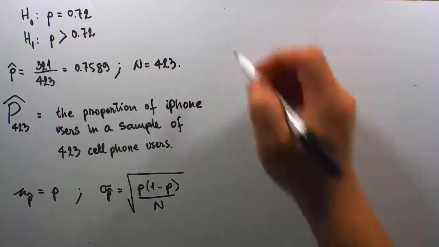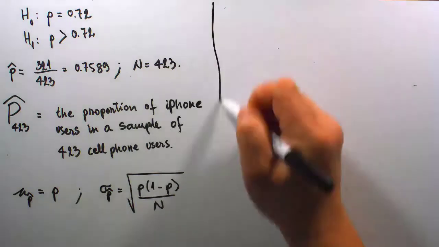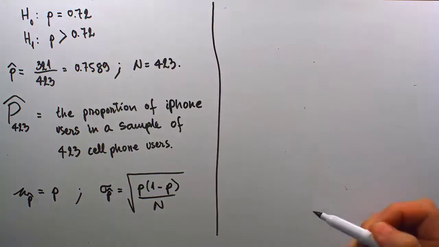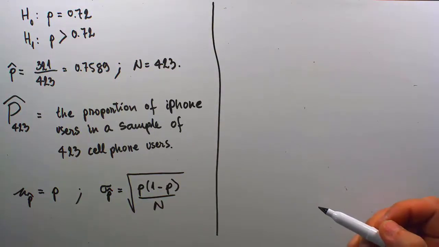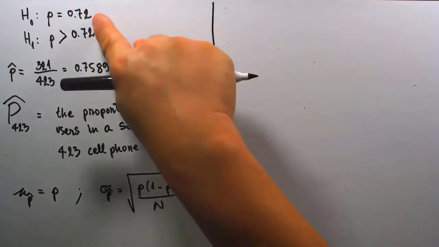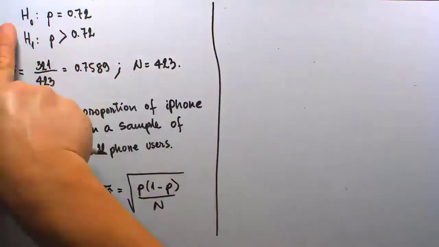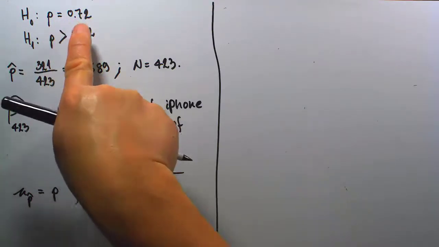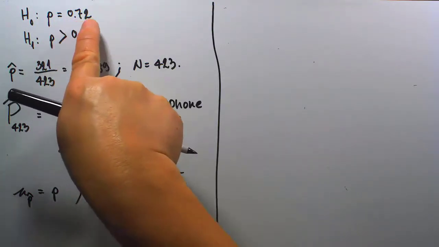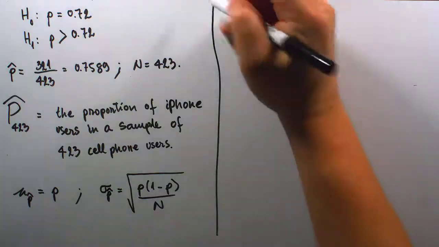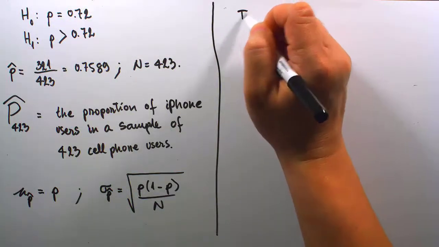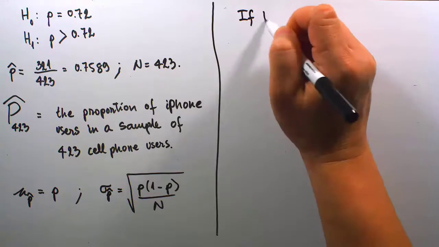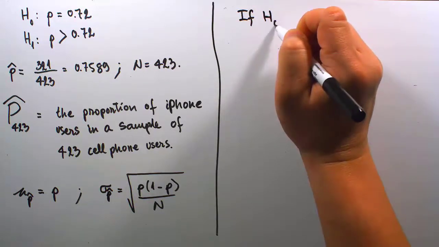Now, very similar to the argument made in example 1 and example 2, since our null hypothesis claims that the proportion of iPhone users is 0.72, I'm going to start out by saying, what if we let that be true? What if we were accepting it?